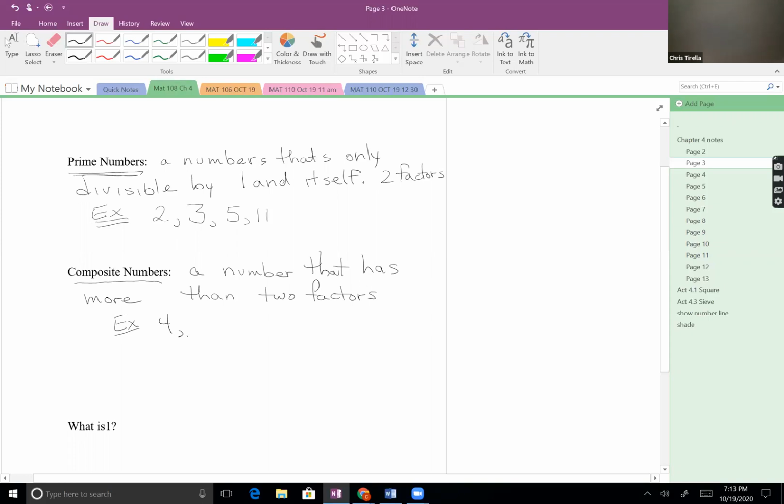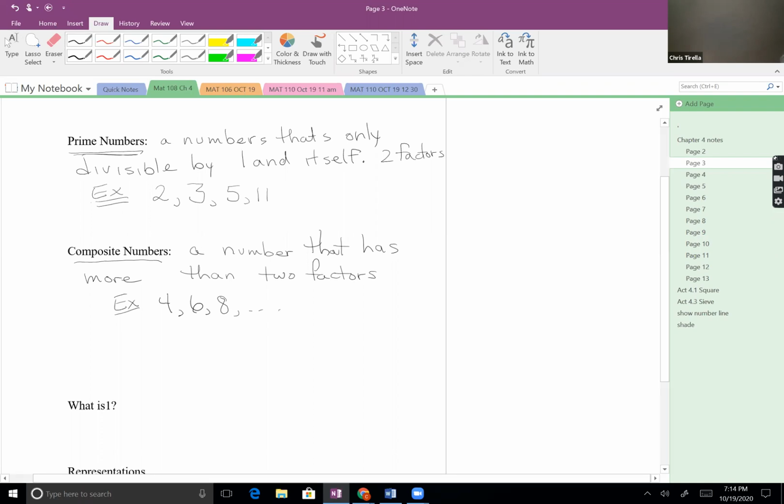Can anybody think of another number that had more than two factors? 6. Not 7. How about 8? Yep. And the list could go on and on. And so we're going to be spending a little bit of time looking at prime numbers and composite numbers.